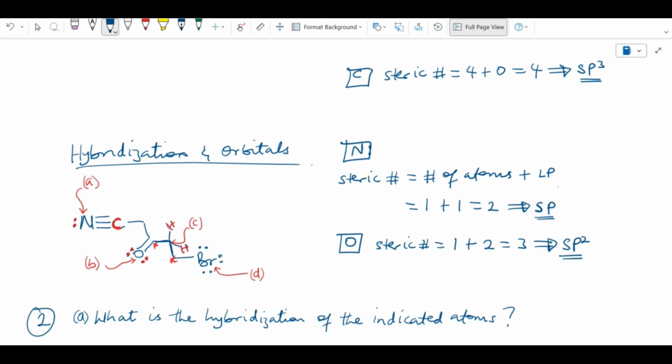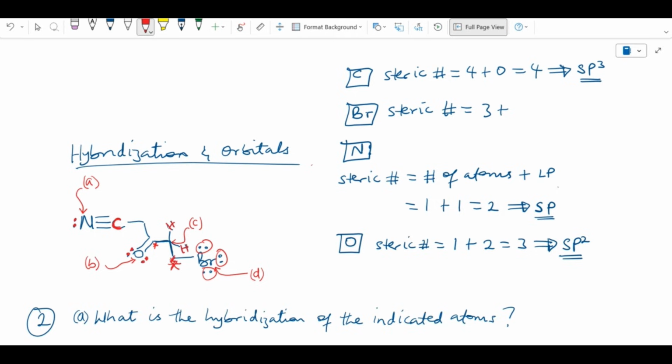And the last one there is bromine. For the bromine, the steric number will be the number of atoms attached plus the number of lone pairs. That bromine has 3 lone pairs, 1, 2, 3, plus how many atoms are attached to that bromine?